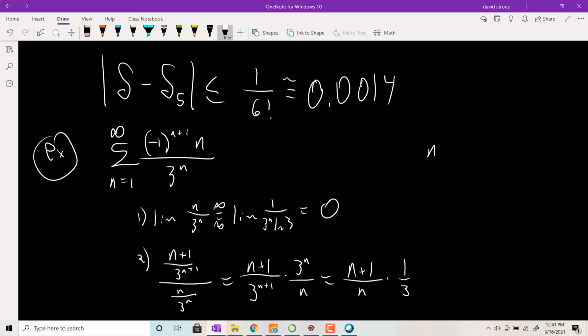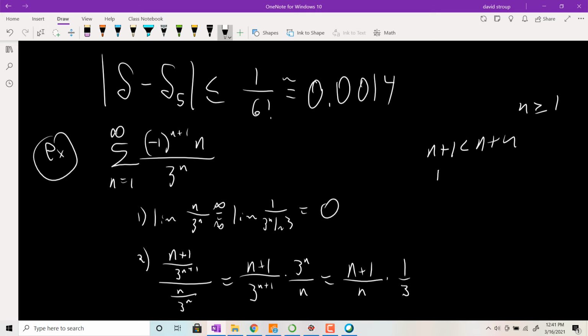So just note that n+1 will be less than n+n+n for n greater than or equal to 1.